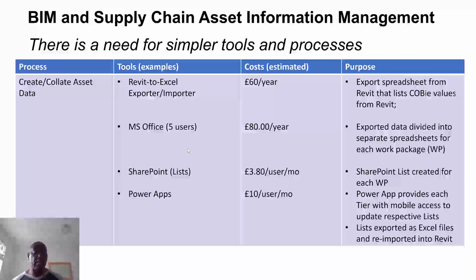One way of doing that is to use SharePoint. Now, again, looking at some of the prices there, they're not prohibitive. And I'm just going to look at this example of creating and collating asset data because I think it shows you how you can disrupt what's known as the conventional way of doing this, which is having some cloud-based tool set, which can be quite expensive.